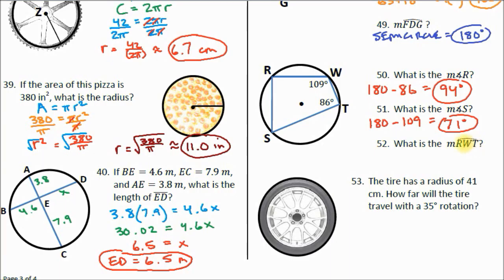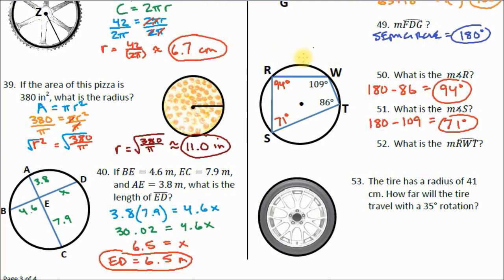Okay, and the final question, what is the measure of arc RWT? Well, that is the intercepted arc. Actually, you know what? I should have labeled my quadrilateral here. Let's label that. This is 94 degrees. This is 71 degrees.